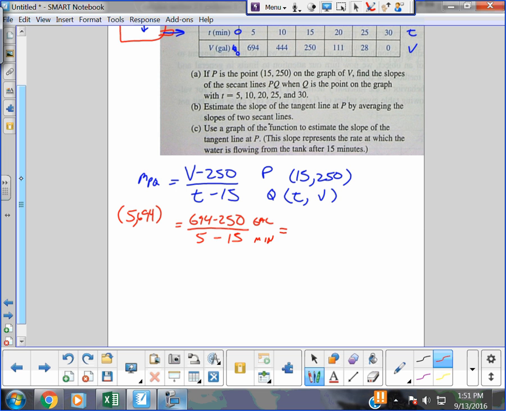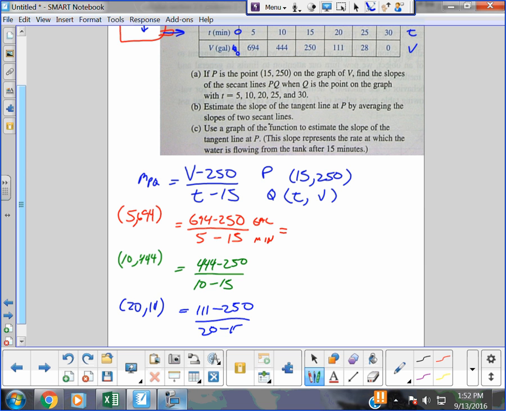The next point I would do would be (10, 444). 444 minus 250 over 10 minus 15. Next point I would do would be, now it jumps to the other side, which would be (20, 111). And this is maybe where I pause, because all of a sudden the bottom is not negative anymore. But the top is right on, and that's an important fact for us to realize.